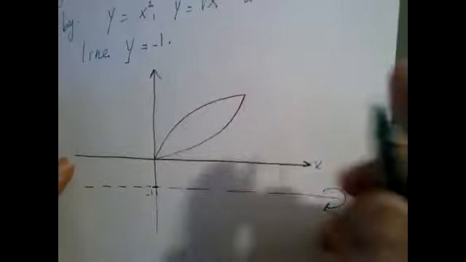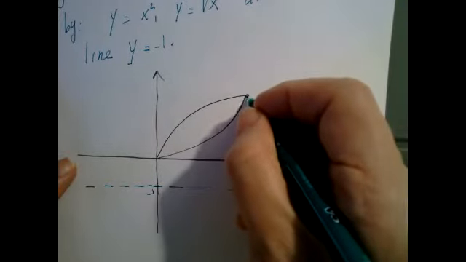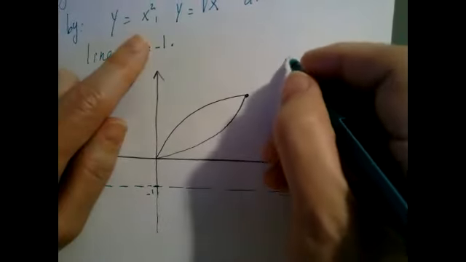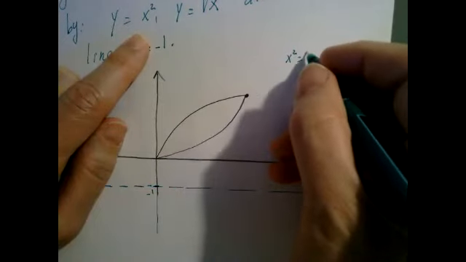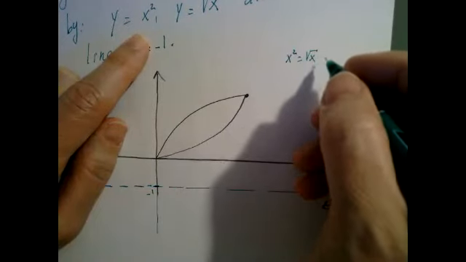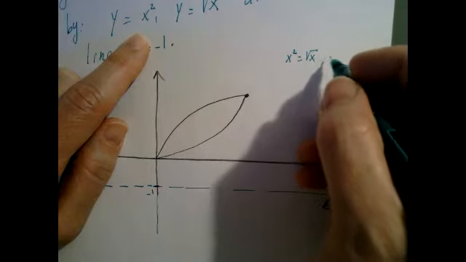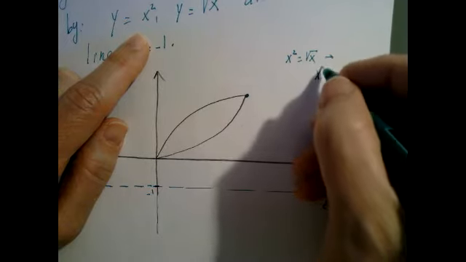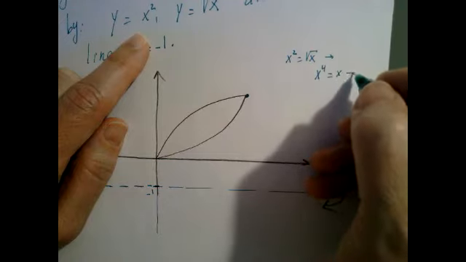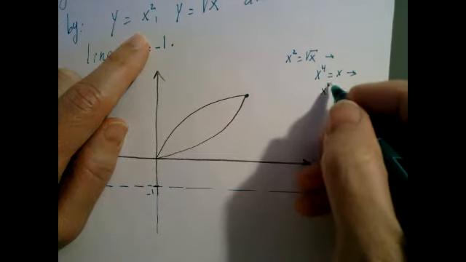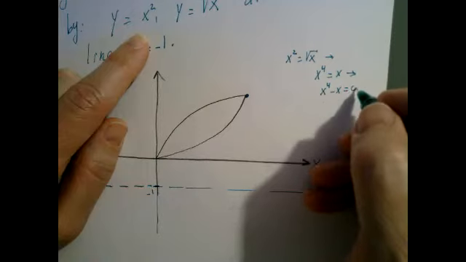Right. First, let us see what's the intersection, because we all know we need the intersection. It's easy. X squared equal root x. And now, because I have the square root, we need to square both sides. It will give me x to the fourth equal to x. Now, to solve this, x to the fourth minus x equal to 0.